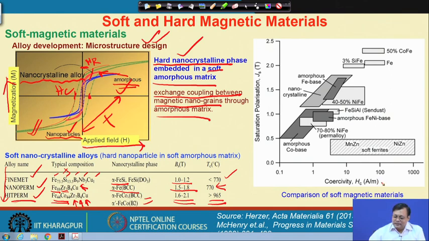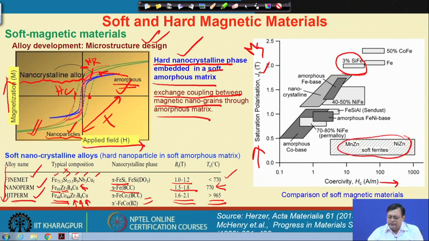So, the same comparison of soft magnetic materials and saturation magnetization, which could be MS or JS, any of the two. For the iron silicon, it has a higher coercivity value and a higher saturation value, whereas the nickel manganese zinc or nickel zinc ferrite has a very low saturation value.